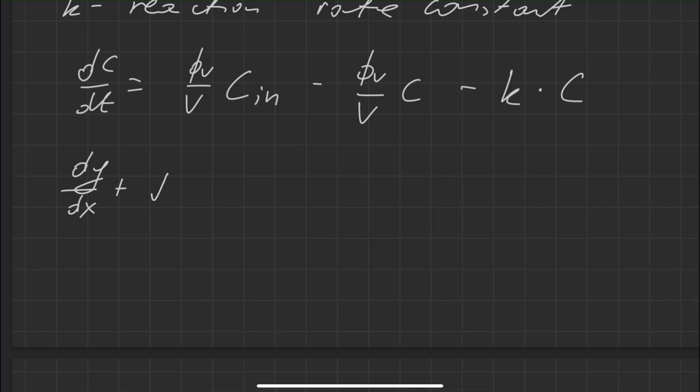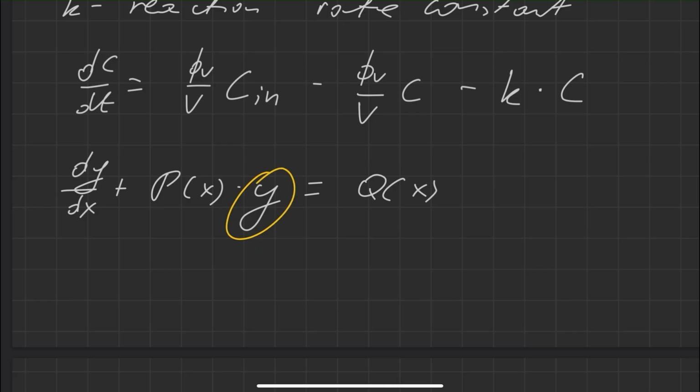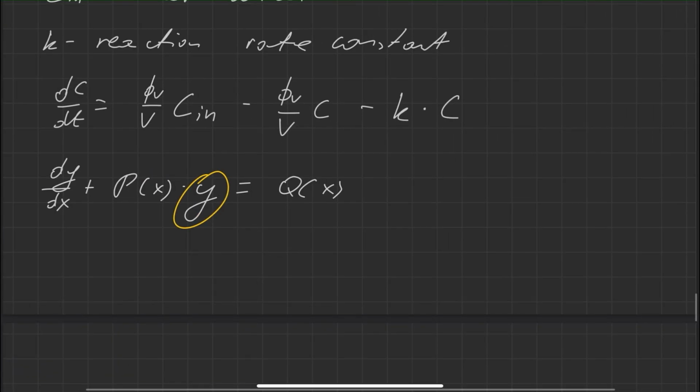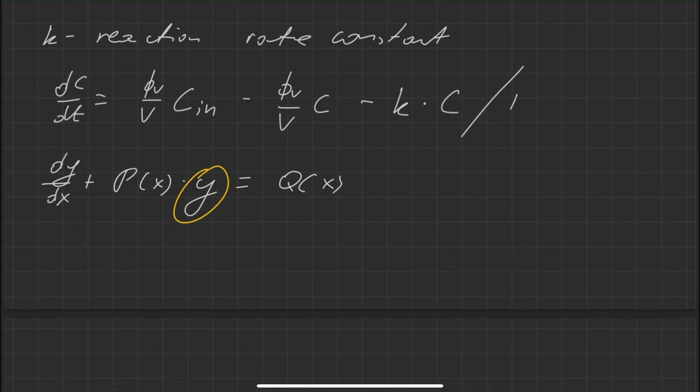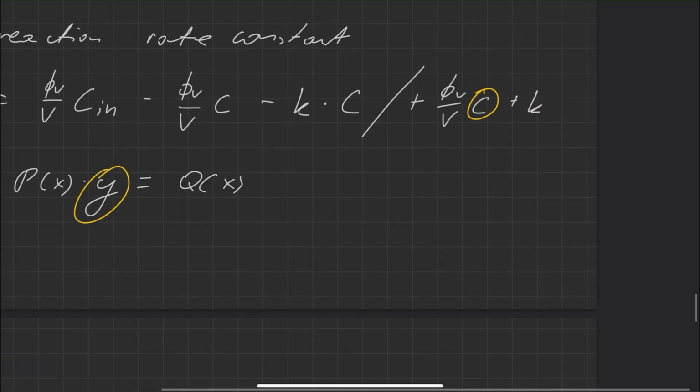Now we want to achieve a form that we are well familiar with, the following form. To do that, we need to get all the terms with our dependent variable to the left-hand side, simply by adding them. We can add on both sides this term, because it contains our dependent variable, and the other term, which also contains our dependent variable.